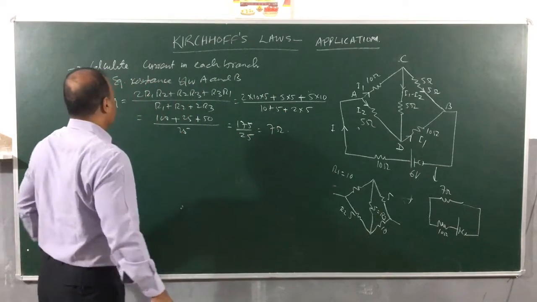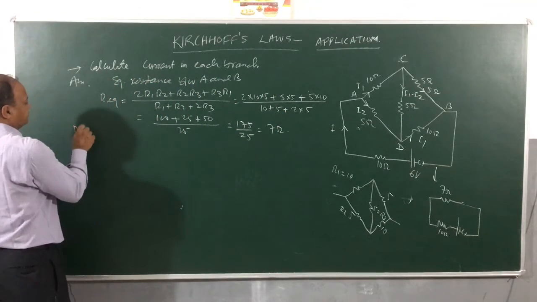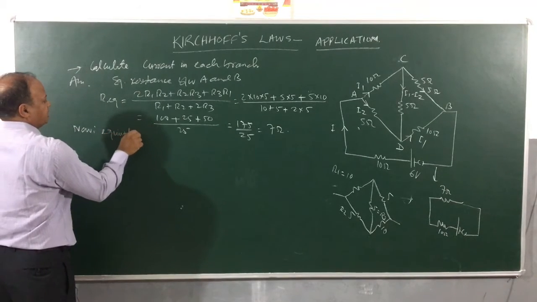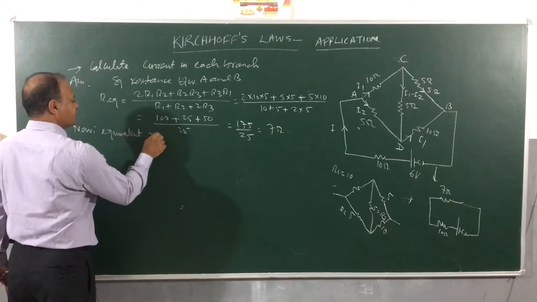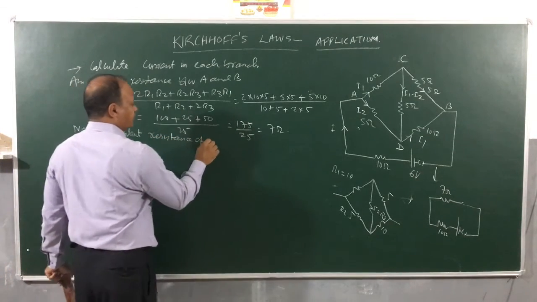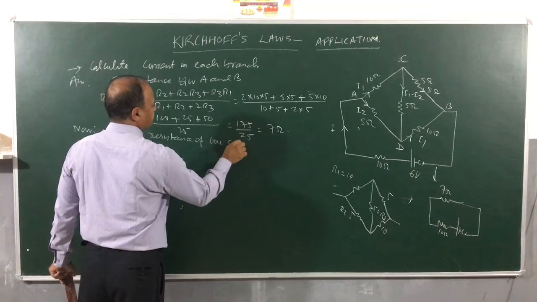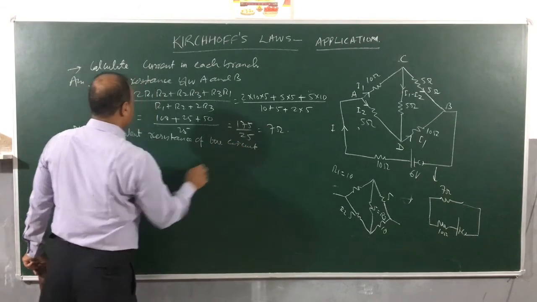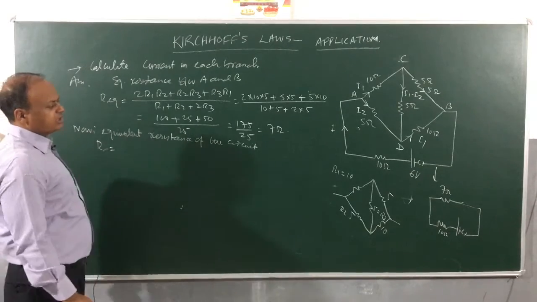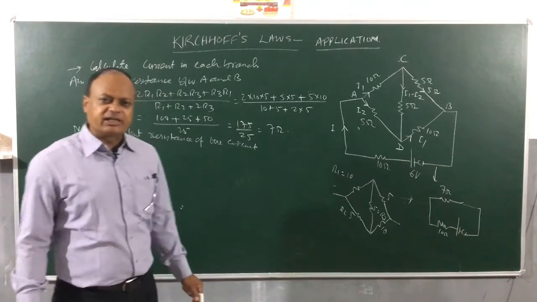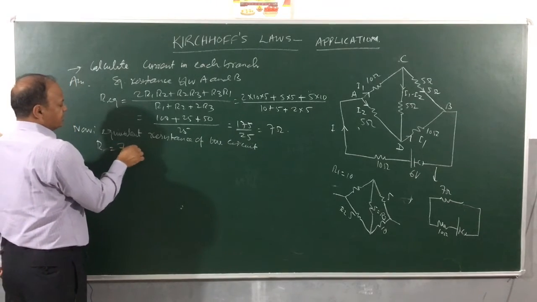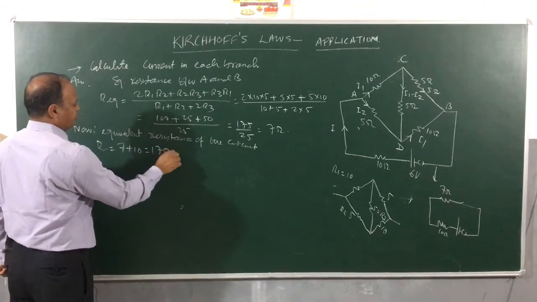So we will say now equivalent resistance of the circuit R is equal to, you can see that 10 ohm and 7 ohms, how they are connected? They are connected in series. So it will be 7 plus 10 is equal to 17 ohm.